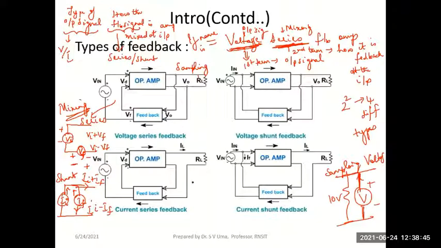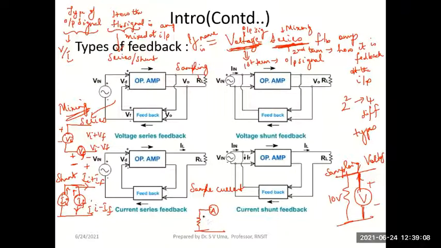Suppose I want to sample a current. I want to take a sample or a measure of the existing current. How would you do it? Which is the current measuring device? Ammeter. How will you connect the ammeter if you want to measure the current?